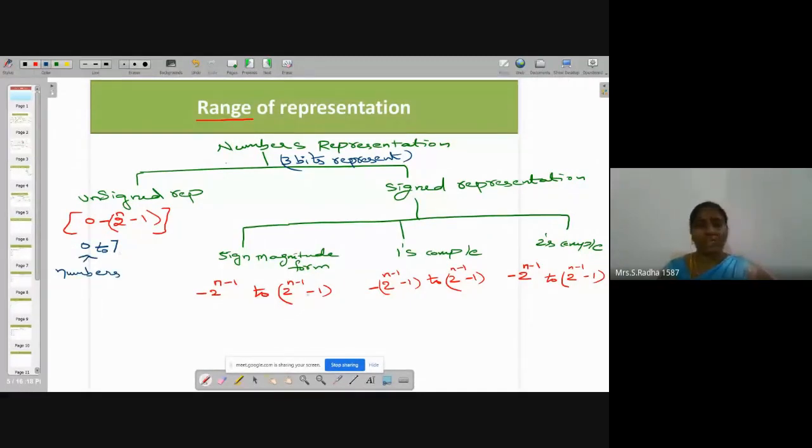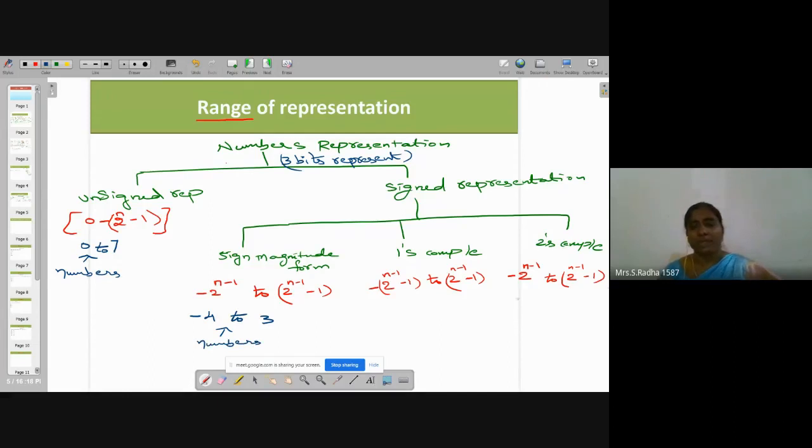But in sign magnitude form, with only 3 bits to use, I can represent minus 4 to plus 3: minus 4, minus 3, minus 2, minus 1, 0, 1, 2, 3. Only these numbers I can represent.